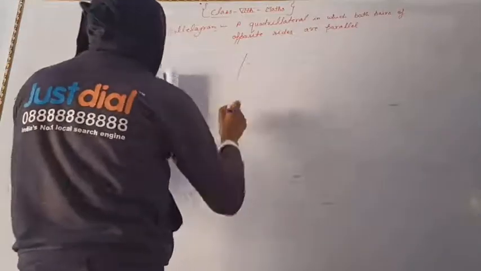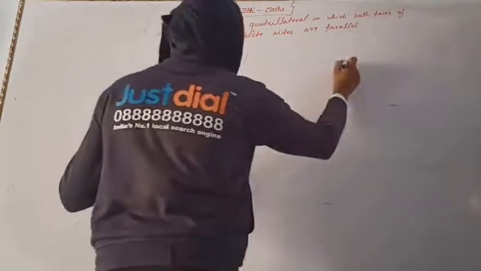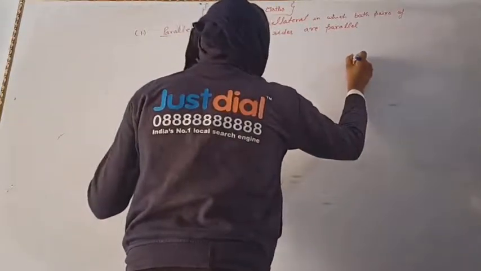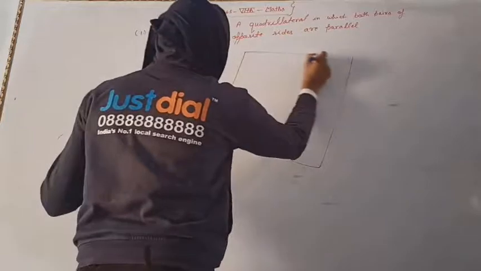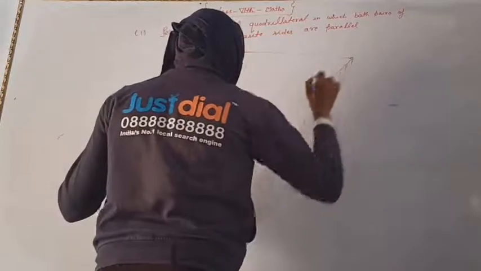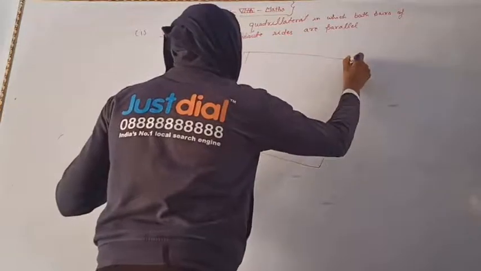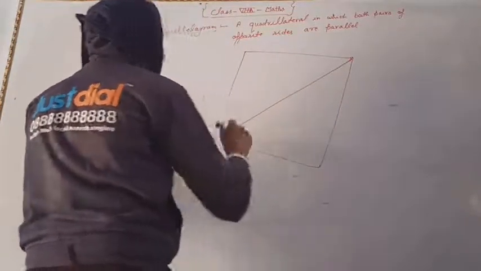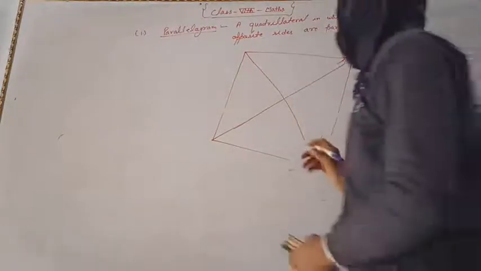As you can see in your figure, this type of figure is given, and this diagonal is also given.